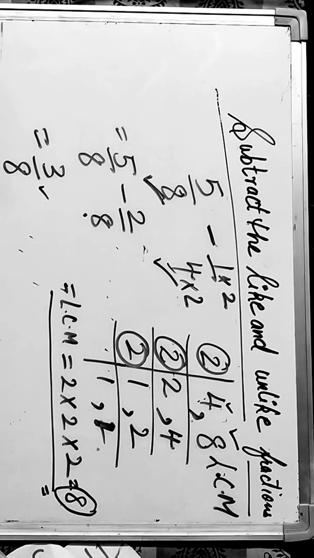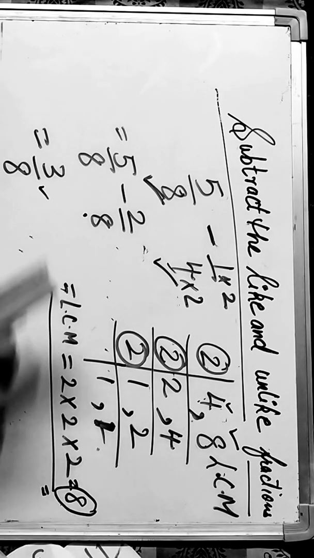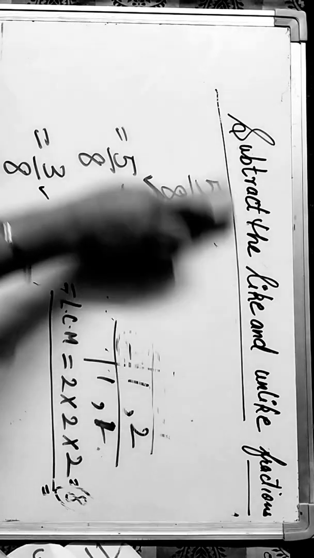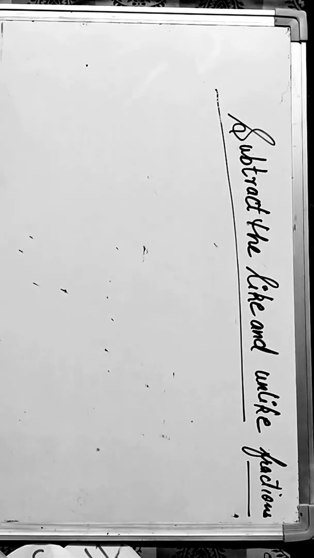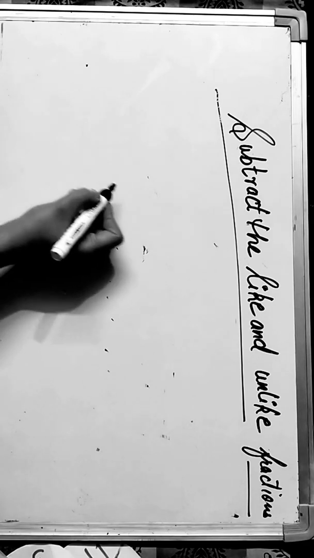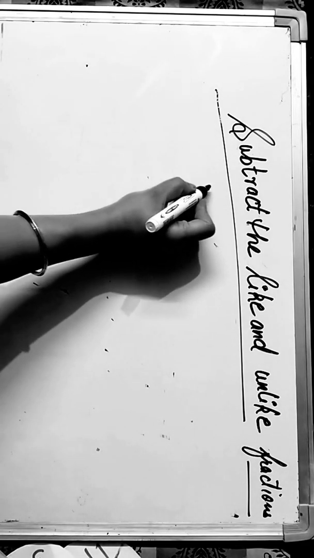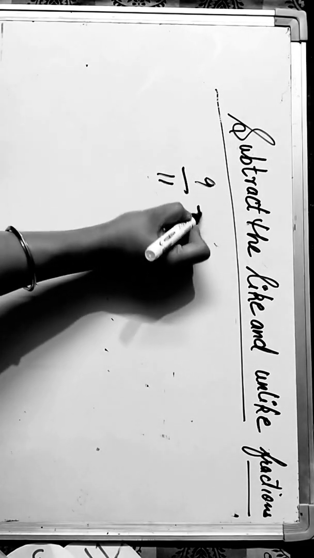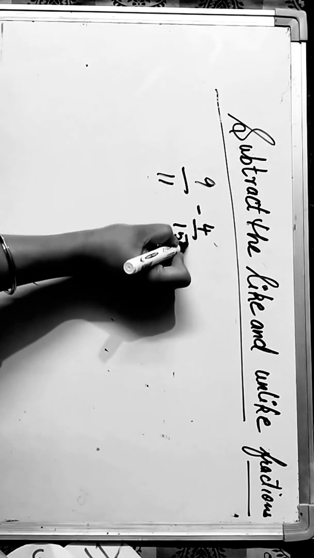So this is all for addition and subtraction. Now again you have to solve these sums in your notebook. So the first is 9/11 minus 4/15.